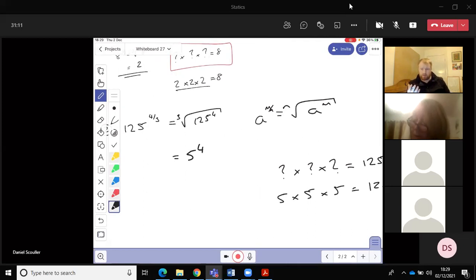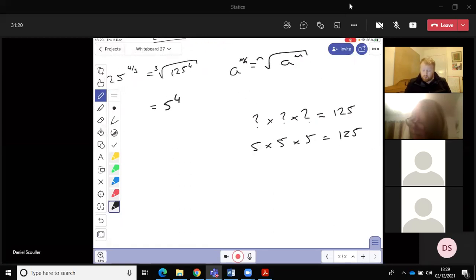So on the face of it, what looked quite a complex sum is actually not too bad when you just break it down. What is 5 to the power of 4? What we're doing is 5 times 5 times 5 times 5.